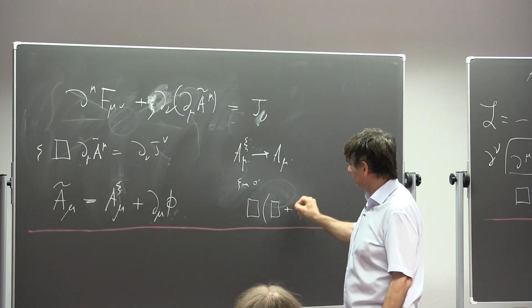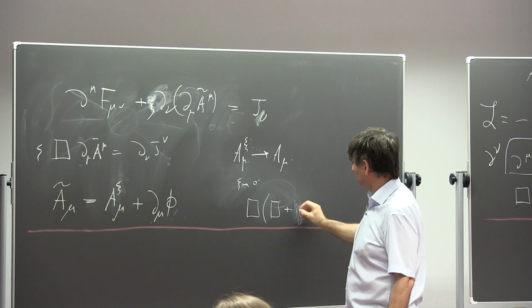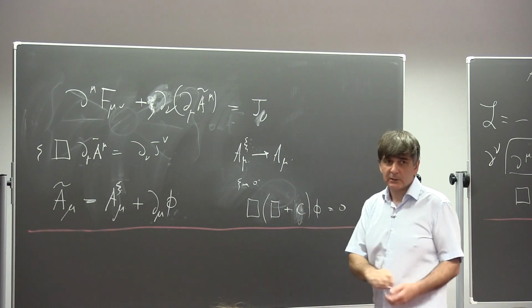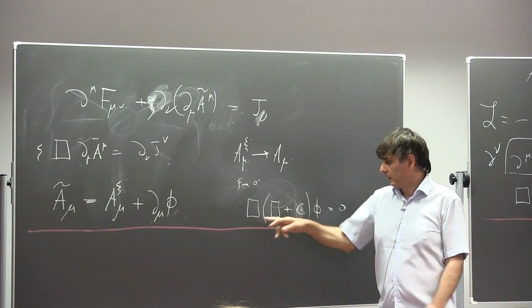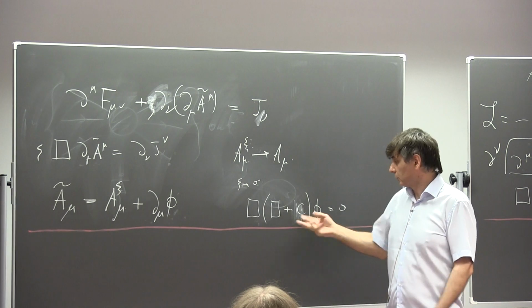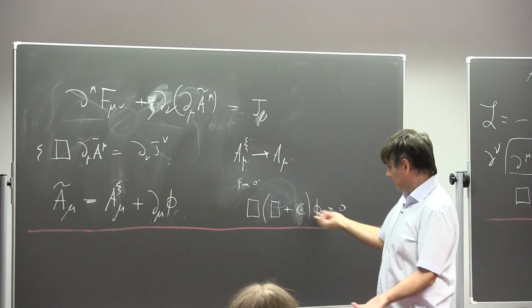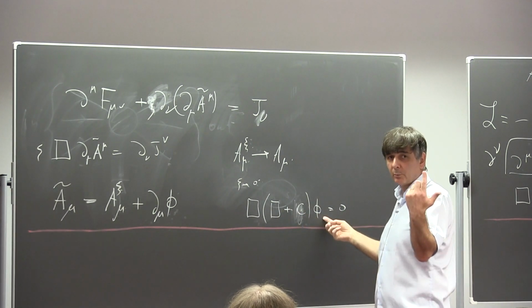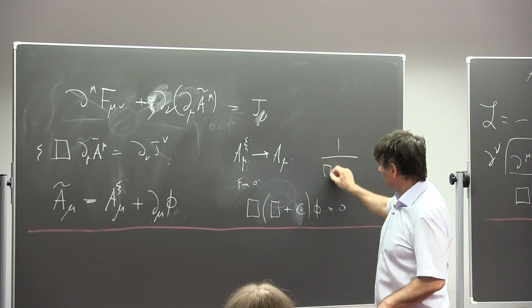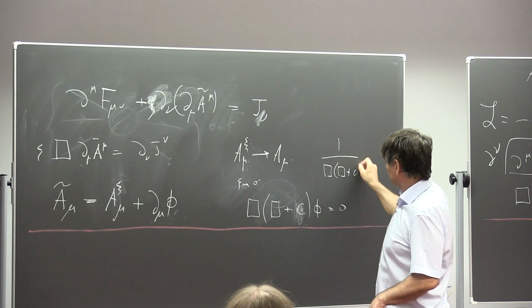For instance, take a theory of this sort, with some coefficient C here, that satisfies this equation. And you can see that this theory, naively you would think, is a theory of a scalar which propagates 1 degree of freedom, with a Green's function which would look like the inverse of this, right?